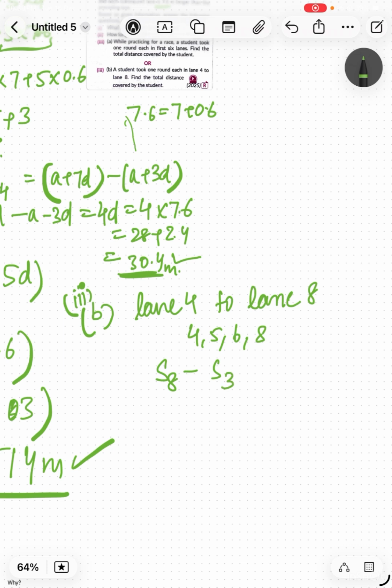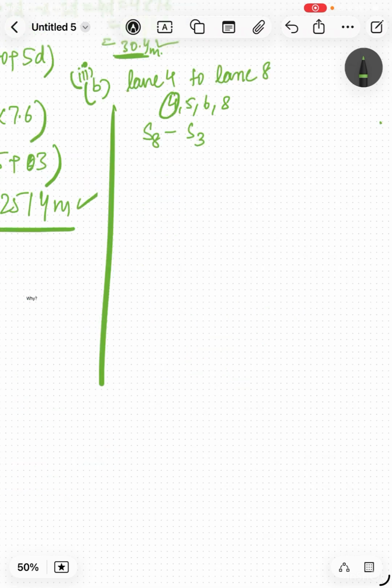Make sure you don't make a silly mistake. You don't have to subtract S4 here, you have to subtract S3 because 4 is included. So S8 minus S3, 8 by 2, 2A plus 7D, minus 3 by 2. Make sure you don't make a silly mistake, don't add here.